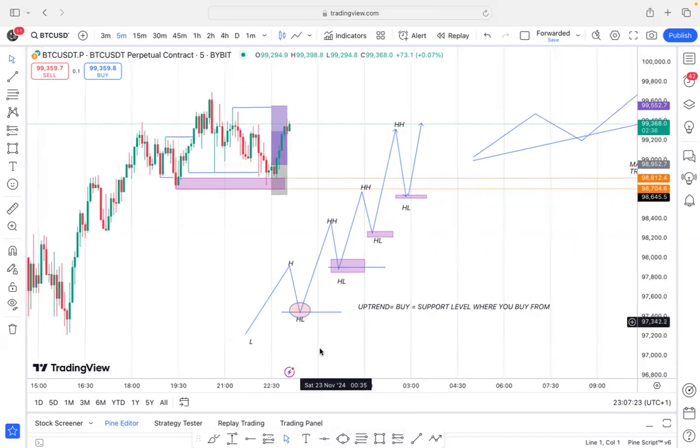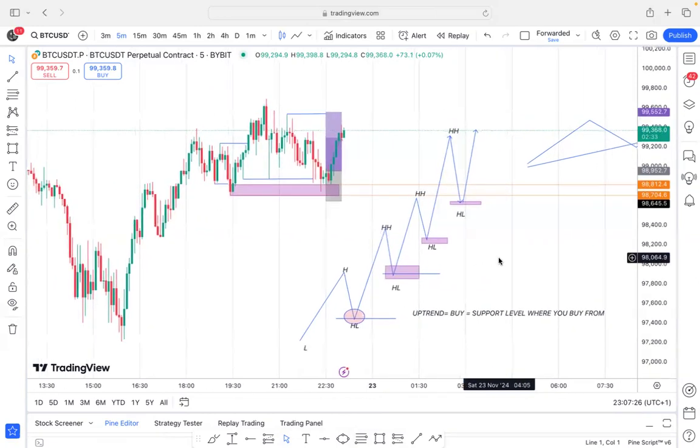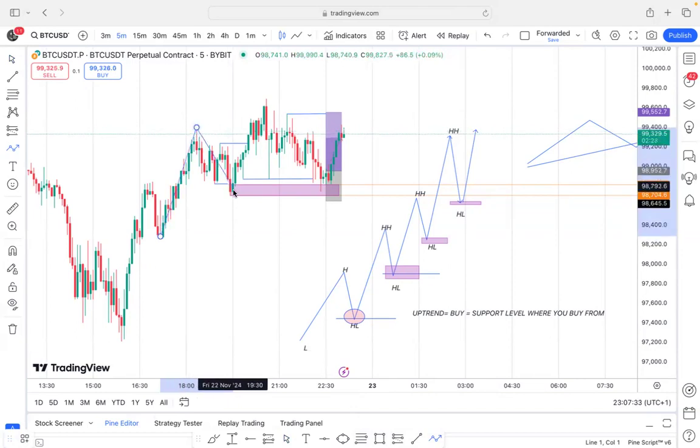Now let's move to a downtrend. You can see this trade here. I took it with you guys, so you saw how it played out. When it went up, it came down. It went up, it came down. Now I will know that this is a form of an uptrend. This low here is our low.